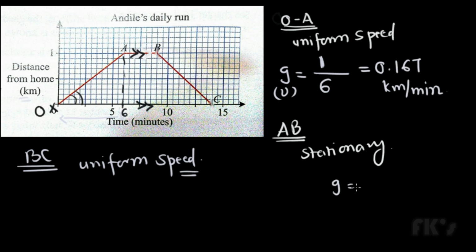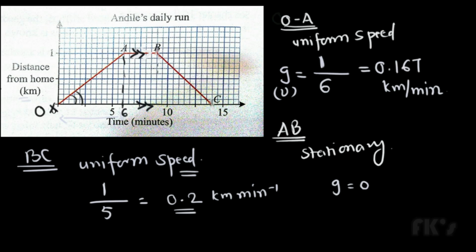Velocity, of course, here would be 0 because it's flat. And over here again, my rise is 1 divided by the time, 5, and that's 1/5, which is 0.2 kilometer per minute.